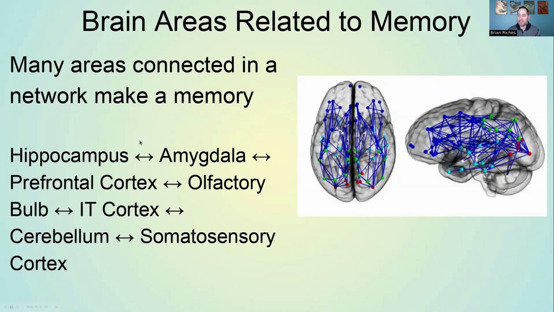So the hippocampus, the amygdala, the prefrontal cortex, the olfactory bulb, the IT cortex, the cerebellum, the somatosensory cortex, all of those would be talking to each other for any given memory. So when you remember grandma's house, or that Thanksgiving dinner that was really great, or your time in seventh grade when you had your first kiss, or whatever it might be, you are literally activating some of the neurons all over your brain.